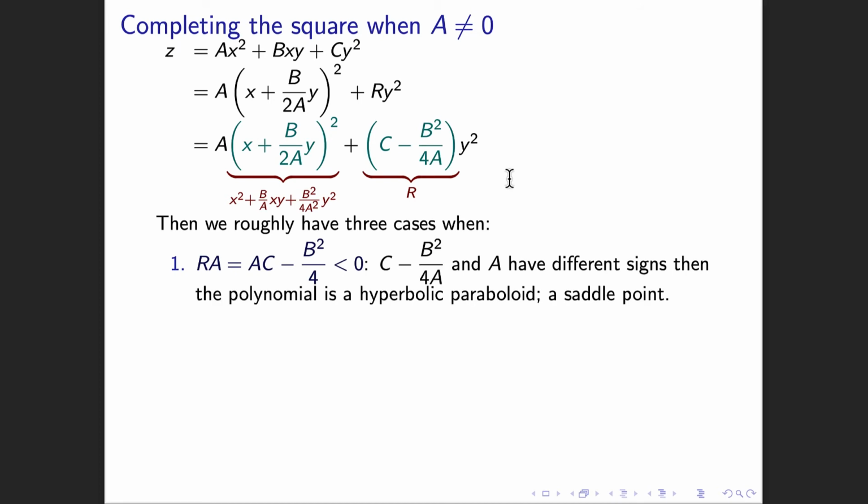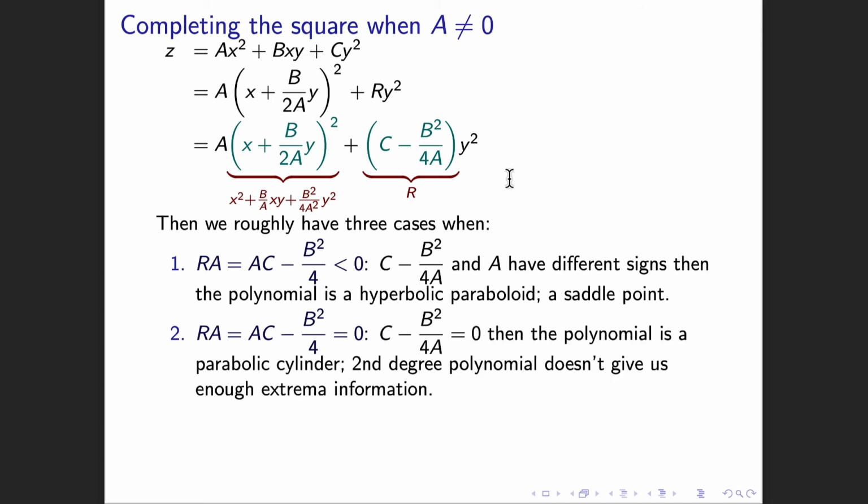in this case, we know that it's going to be a hyperbolic paraboloid, a saddle point. If the two coefficients multiply to 0, then the polynomial is a parabolic cylinder, and a second degree polynomial doesn't give us enough extrema information, so we have to use another method.